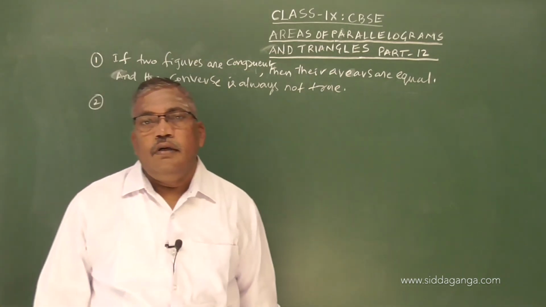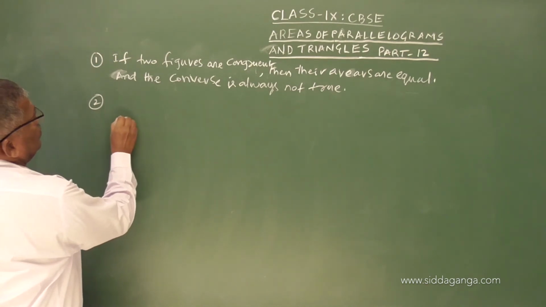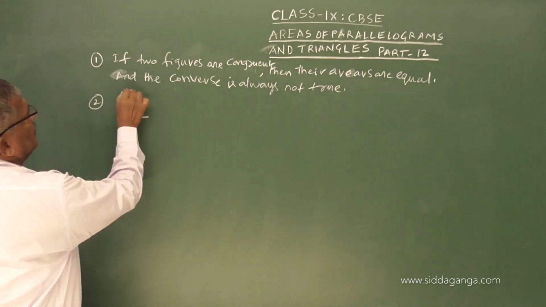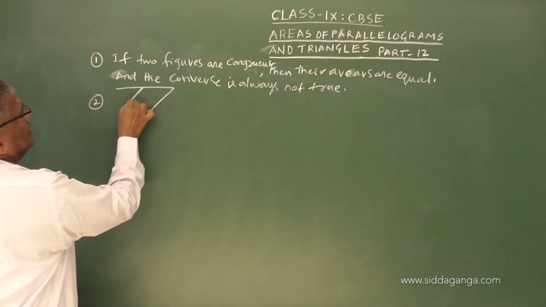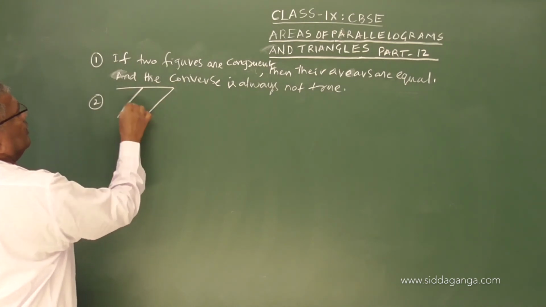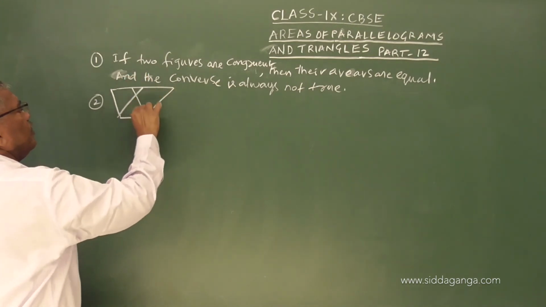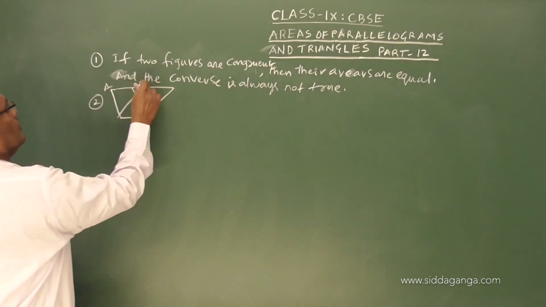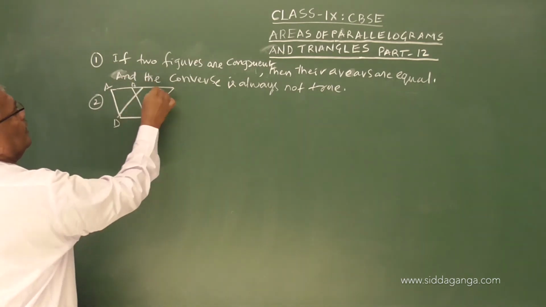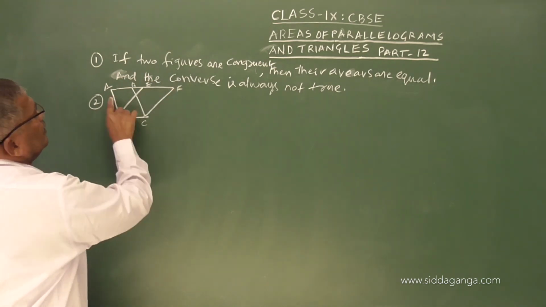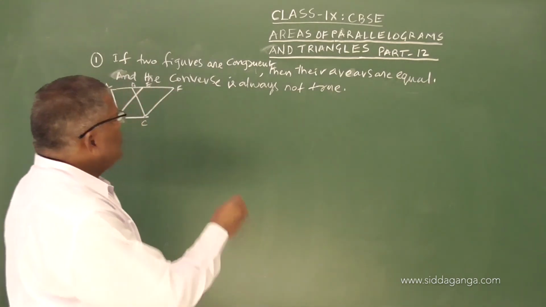Second one. We know that if there are two parallelograms, let us have a parallelogram like this, and suppose this is another parallelogram. I will call them AB, CD and EF. So, there are two parallelograms on the same base.